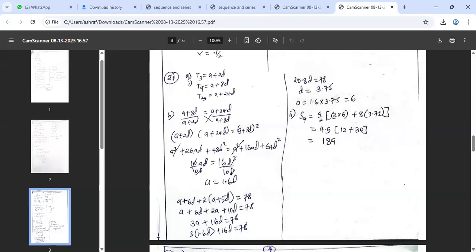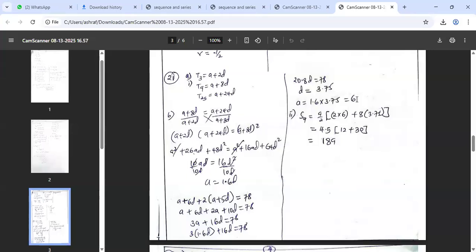So we have A plus 6D, that is the seventh term, plus twice A plus 5D, the sixth term, should give us 78. Then we had gotten A as 1.6, so we can substitute in this second equation and get the value of D. If you do that, you get your D as 3.75. Then your A as 6.